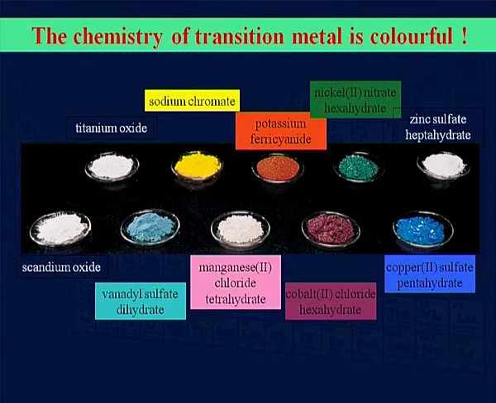Vanadium sulphate is bluish green in color. You have seen potassium ferricyanide, orangish in color. Manganese chloride, faint pink in color. Copper sulphate, all of you have seen, strongly blue in color. So, what is the science behind the color of these solid compounds of transition metal ions?